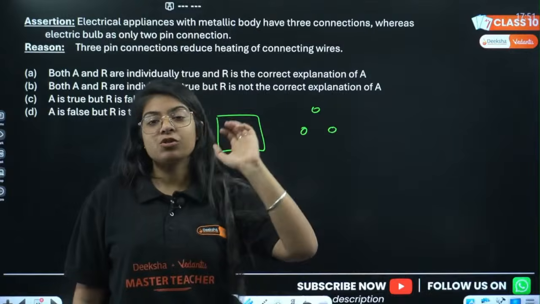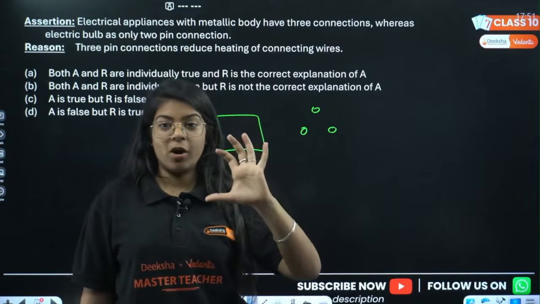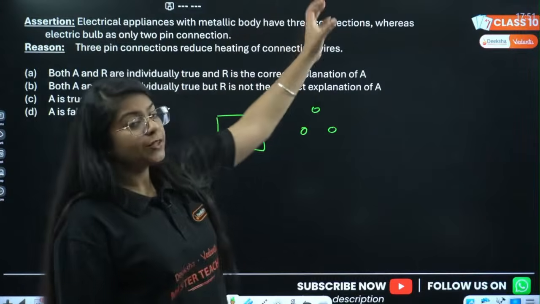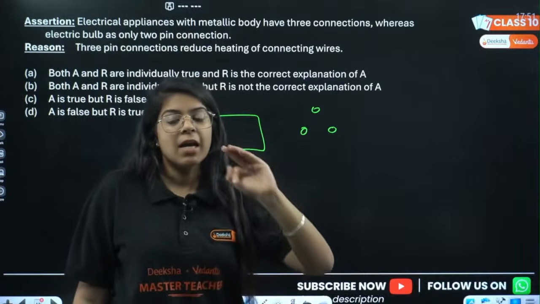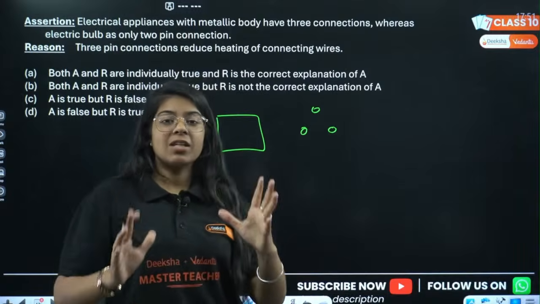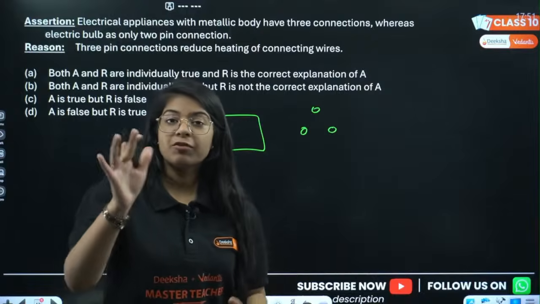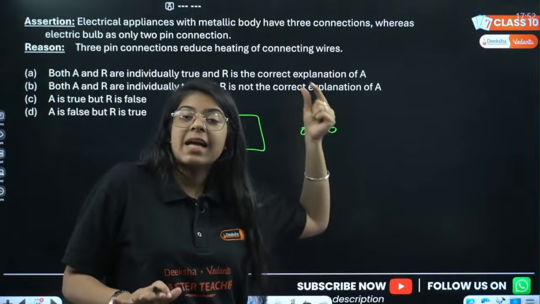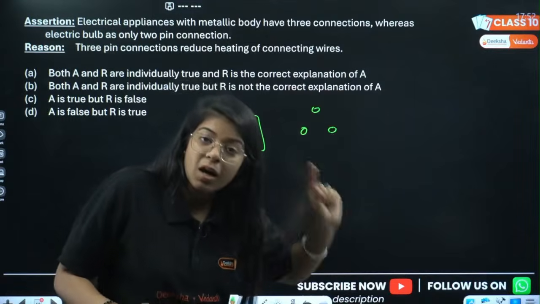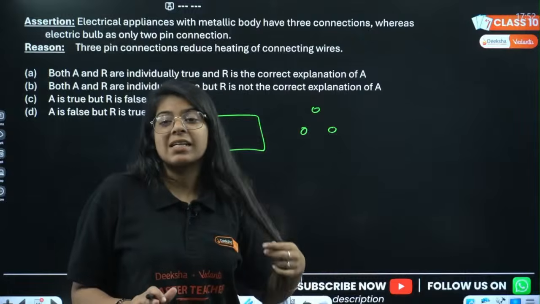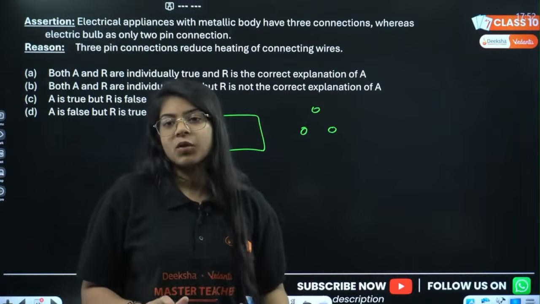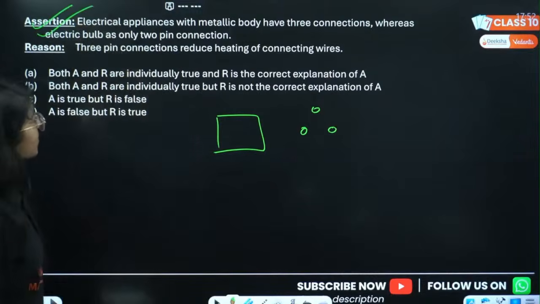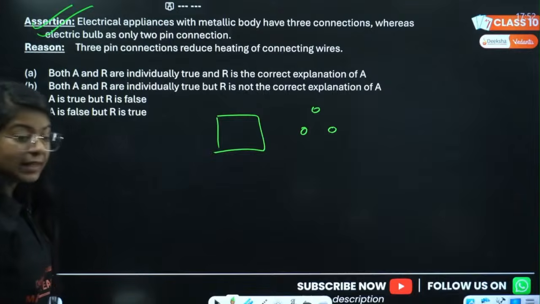Earlier we used to have metallic coolers with a metal body, and it used to have a 3-pin plug, because on the metallic body charge lies on the outside of the metal surface, and if you touch it you'll get shocked. So what this third pin does is pass that excess charge on the metallic body to the earth. So the assertion is true. The reason says 3-pin connections reduce heating of connecting wires.